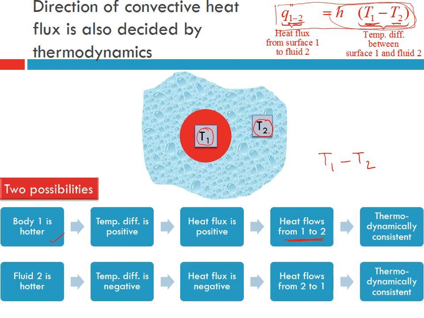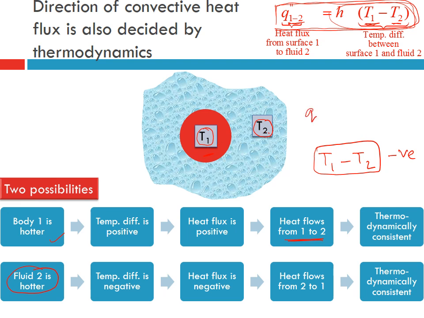In the other situation, fluid 2 is hotter, so the solid is colder. If I use the formula here, then the temperature difference T1 minus T2 is negative. And if I plug that in here, then I get a negative heat flux.